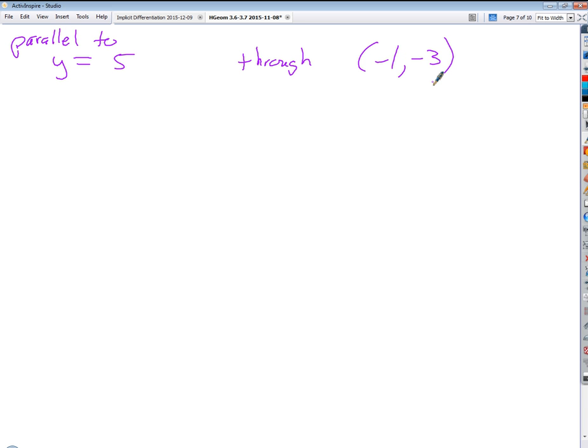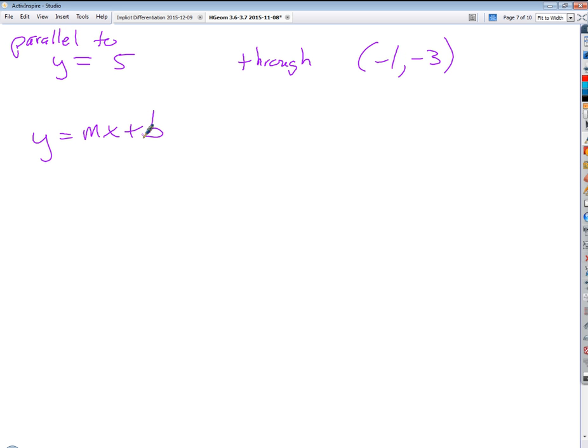What's the slope? 0, but 0 is a number, isn't it? 0 is a number, infinity is not. So this one really does fit the whole scheme of y equals mx plus b. What does that become if m equals 0? Well, 0 times anything is 0. So therefore, a horizontal line with a slope of 0 is always defined by its y-intercept. But the same tricks still apply, don't they?